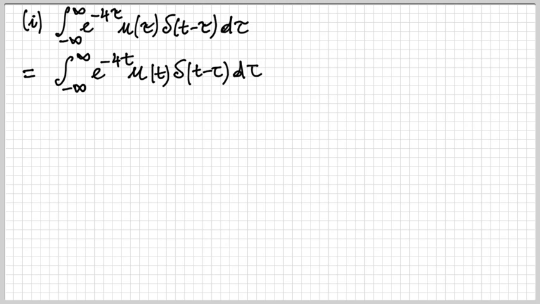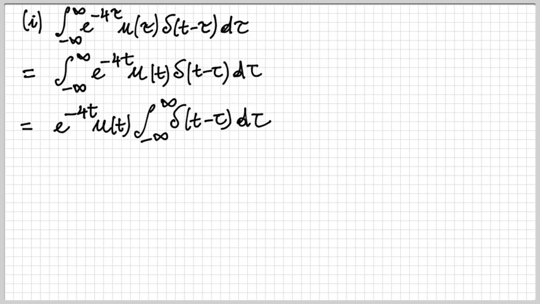This is what I'm doing in the second line, so I've rewritten the integral by having e to -4t u of t, okay? But now these functions, e to -4t and u of t, are not functions of tau anymore, so they can be taken out of the integral. The integral that is left is simply the integral of a delta, which we know is 1 because the area of a delta is 1. Thus the result is simply e to -4t u of t.